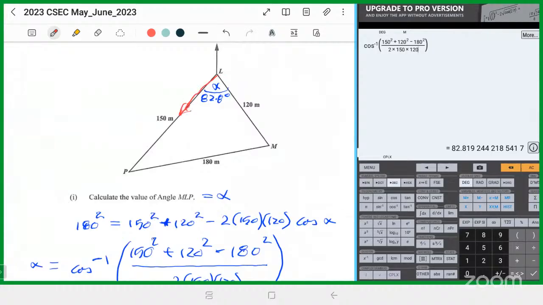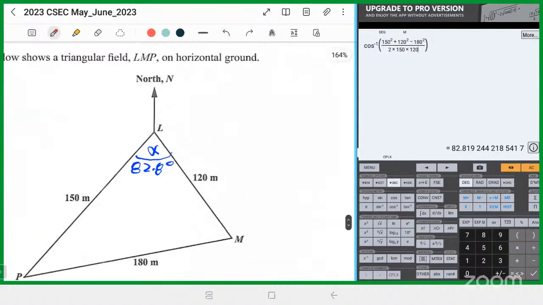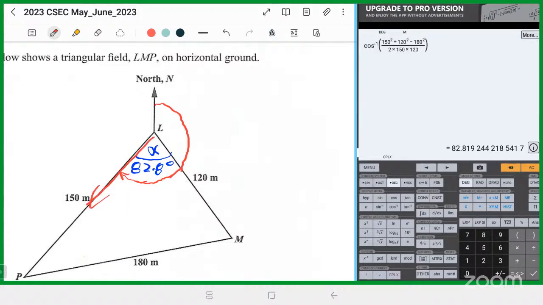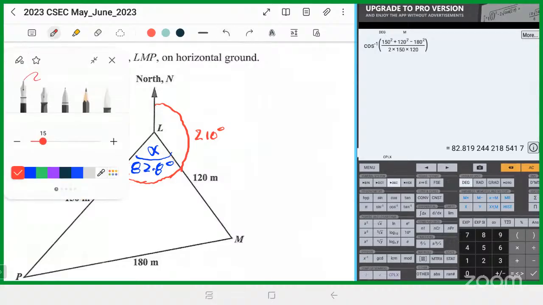The bearing of that direction, guys, is measured from this north line, all the way around to the direction that will take you down to P. That is the angle that they gave us as 210 degrees. Now the angle inside here is 82.8, and that total angle is 210.